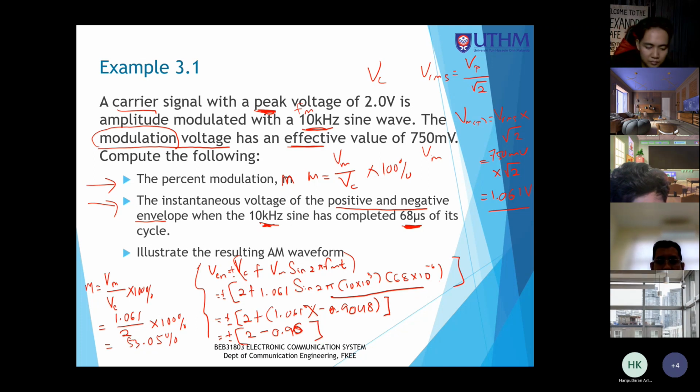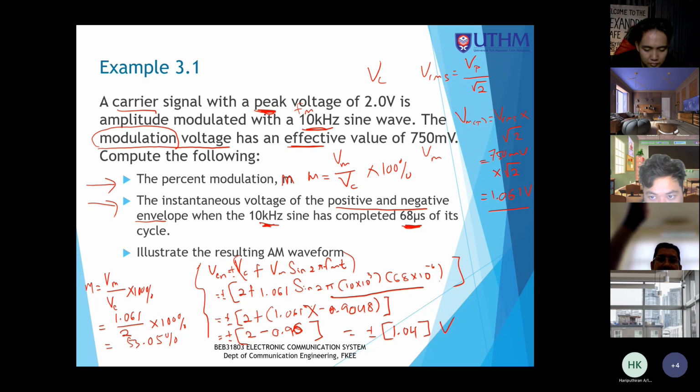So dia akan jadi bersamaan dengan plus minus, berapa ni? 2 tolak 0.96, kita akan dapat 1.04. So 1.04 volt. Remember the unit is in term of volt. So maknanya dia akan ada 1.04 volt positif dan juga negatif 1.04. Okay, negative 1.04 and also positive 1.04.